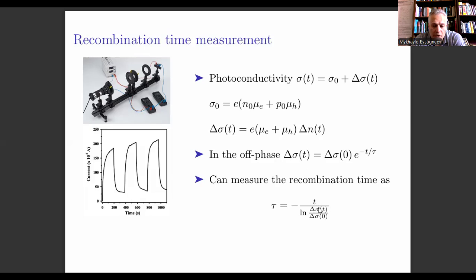And now you can measure the recombination time by dividing both sides of the photoconductivity by the initial value in the beginning of a particular off phase, taking a natural logarithm, and dividing the time t by the natural logarithm of delta sigma of t over delta sigma in the beginning of an off phase. So that's your recombination time. Okay, so this is a fairly simple but very efficient technique. Simple doesn't mean bad. Simple usually means great.